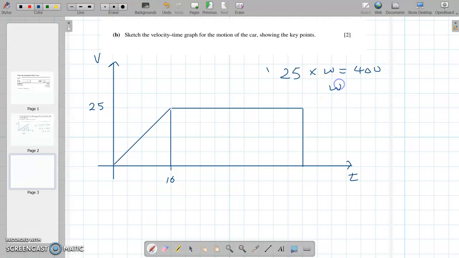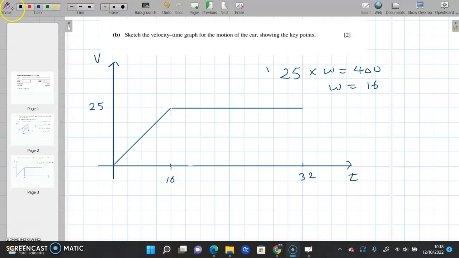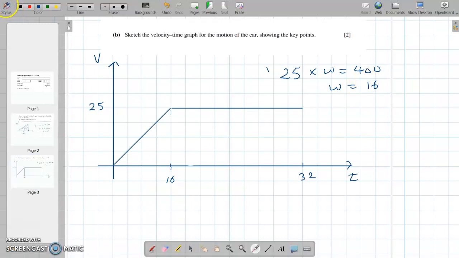So the time is 400 divided by 25, which is 16. So I'll put that in. So this time is 16, because the area of this rectangle wants to be 400, because the distance for the constant velocity is 400.